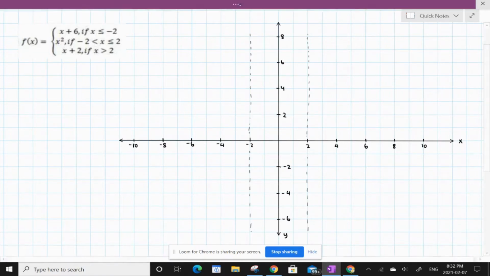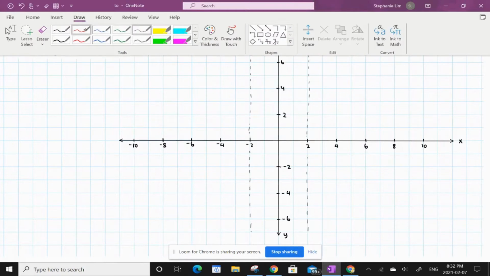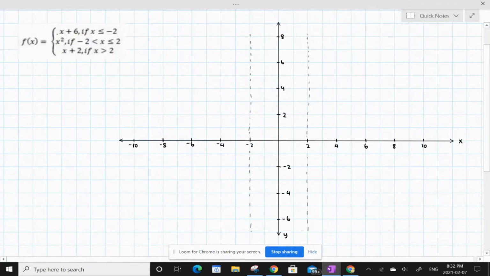I'm going to do this portion in red, which is why I'm highlighting it in red. So that means at -2, I've got +4, and it's a closed bubble because x equals -2 is part of the domain for that first section. And now I need to graph it where it's x plus 6.